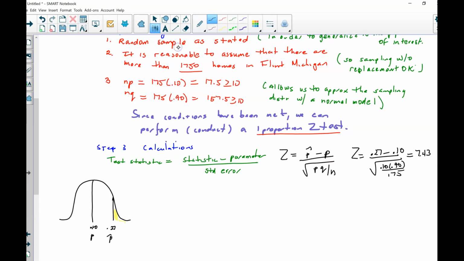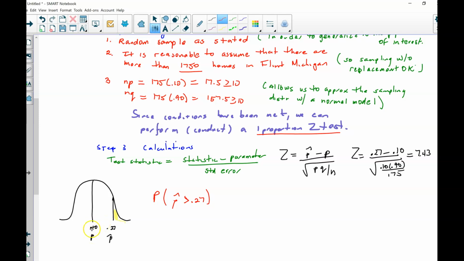In order to calculate the p-value, it is the probability that we get this test statistic, that's our evidence, and our test statistic was 0.27. What's the probability I got that test statistic or more extreme, greater than 0.27, assuming that our null hypothesis is true, assuming that the true proportion is 10%?